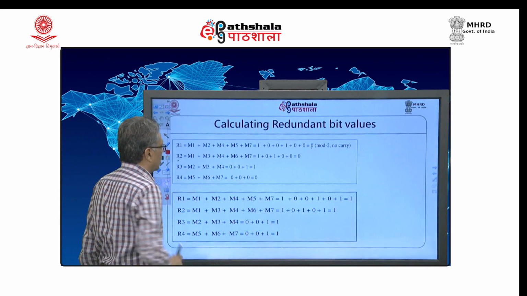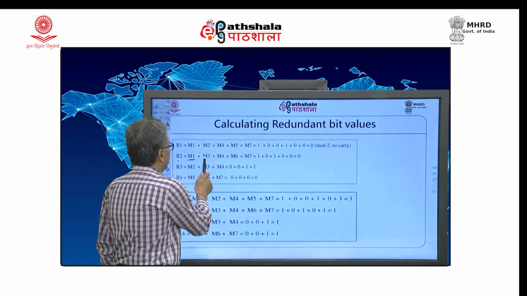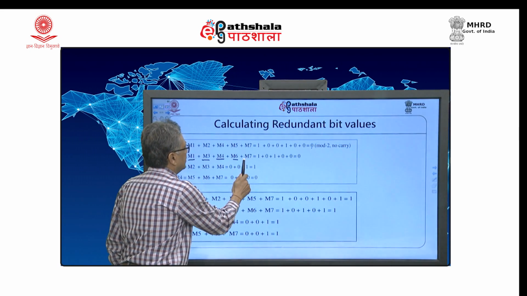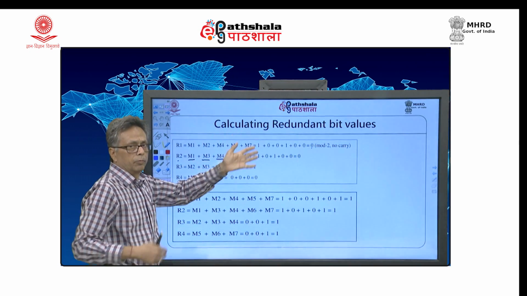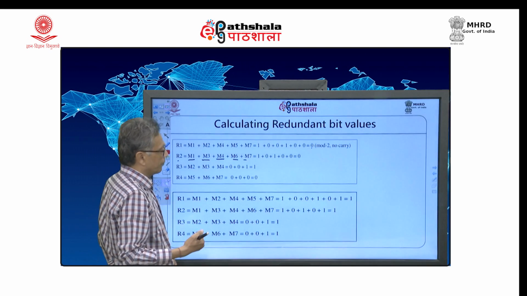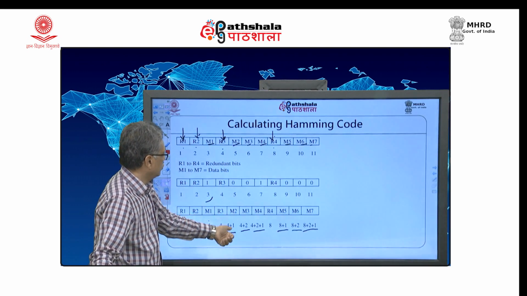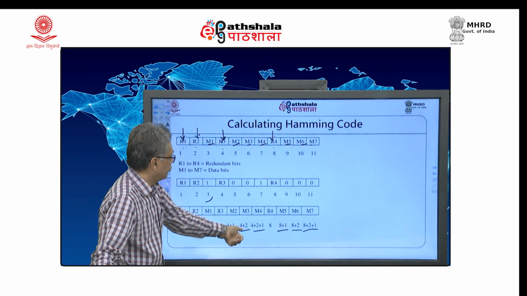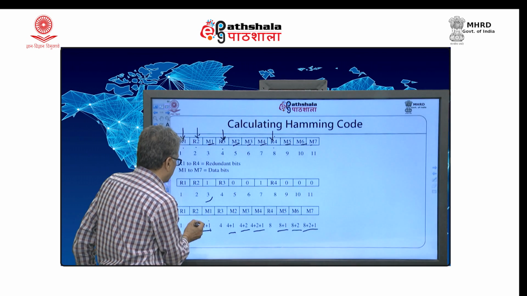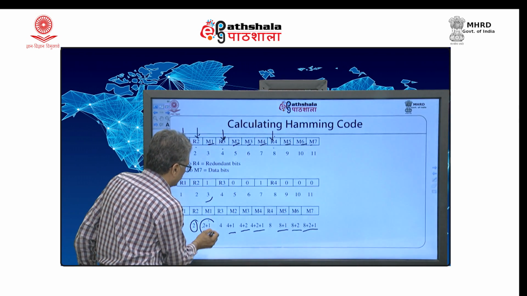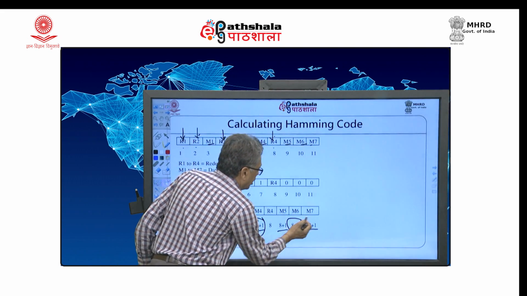Similarly, when I calculate R2, same way, all M1, M3, M4, M5, M6 and M7, everywhere you have probably, if you see this thing you will see that M2 is 1, M3 is 4 plus 2. You will find, so for example, R2, 2 appears here, here, here, here and here.